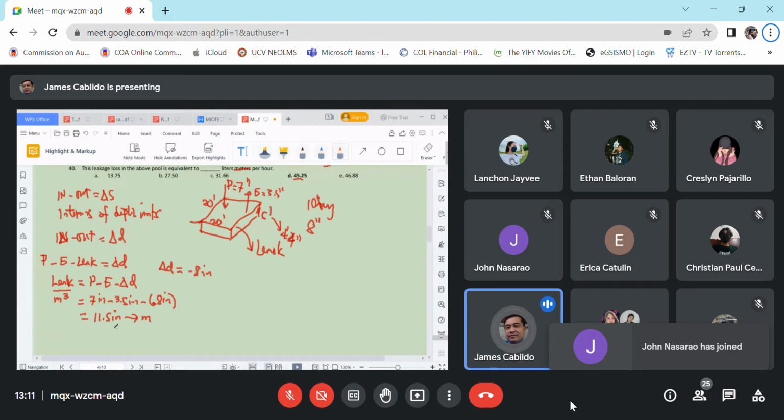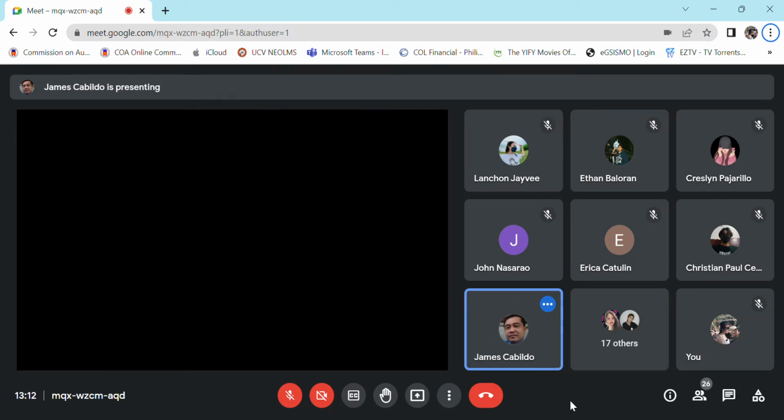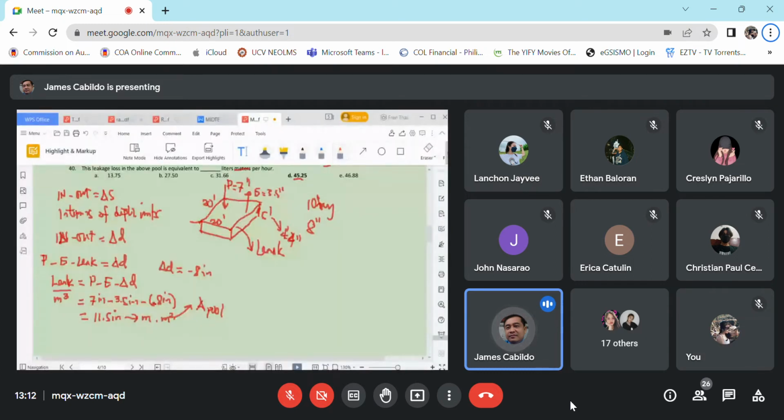Pero ang hinahanap natin ay cubic meters. So, kailangan natin mag-multiply ng square meter, which is, okay, the area of the pool. Area of the pool. Okay, so i-multiply natin yung area ng pool, which is 20 by 20. Alright, so gawin natin. Okay.